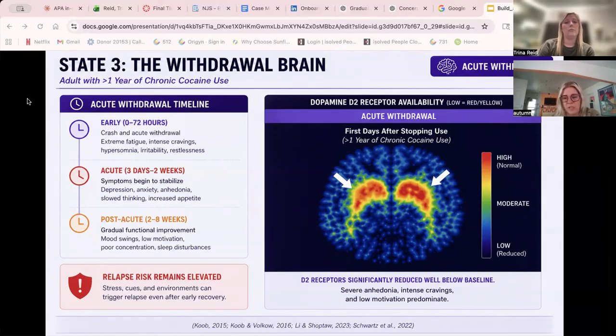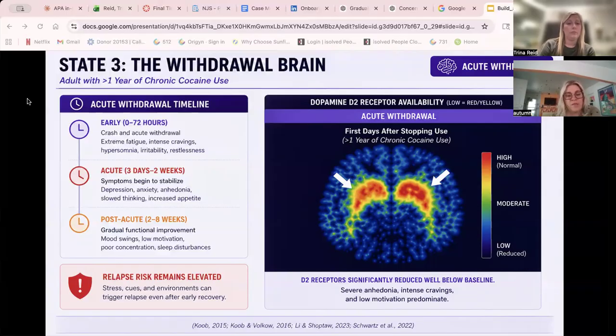At the same time, the stress systems become highly active, particularly through increased corticotropin releasing factor activity, contributing to anxiety, irritability, and dysphoria. The prefrontal cortex remains impaired, reducing impulse control and emotional regulation, which can also be part of that relapse risk being pretty elevated still during this time. This combination of low reward signaling and heightened stress response creates that powerful drive to use again.